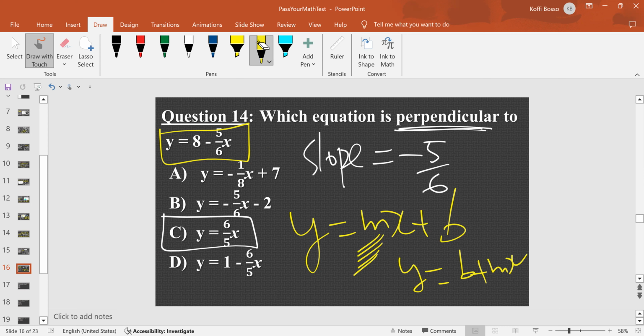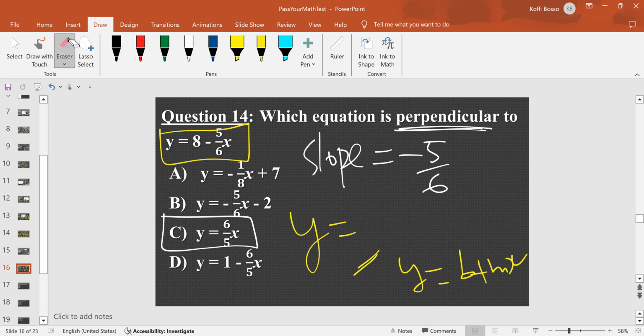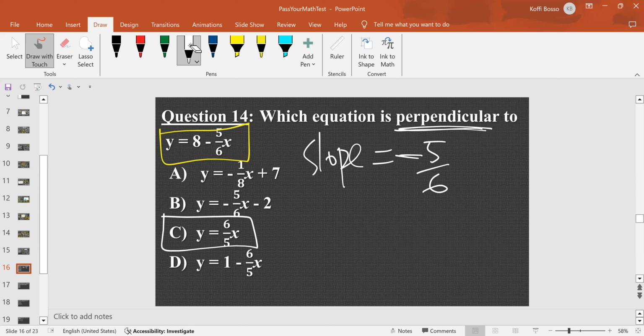Now, negative reciprocal means that we're going to multiply the given slope by a negative sign. So if you have a negative sign and you multiply this by another negative sign, that will turn to a positive. And the reciprocal here means we flip it over. So the slope will be positive 6 over 5.